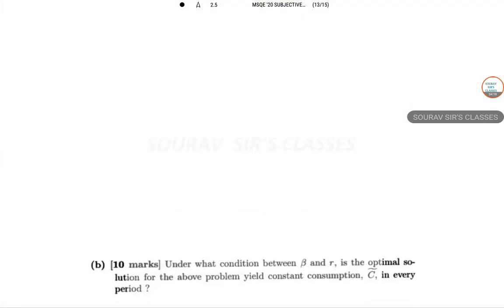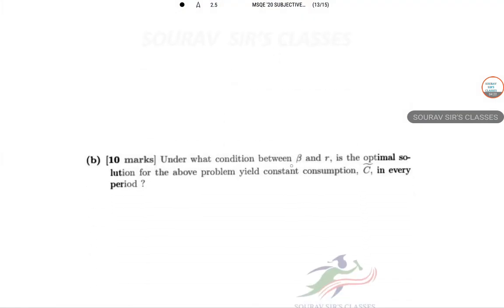Let's go to the second part of this question. Under what condition between beta and r does the optimal solution of the above problem yield the constant consumption c for every period?